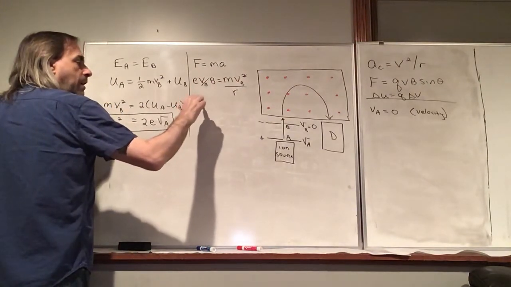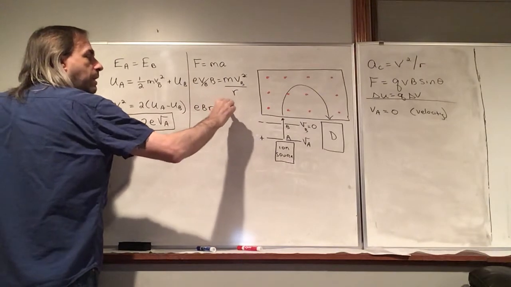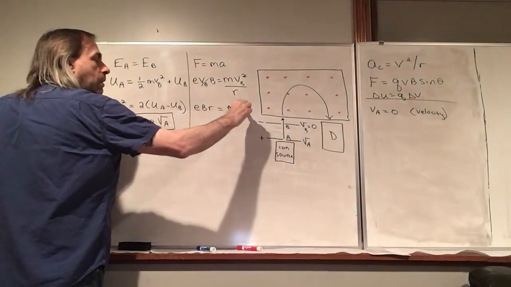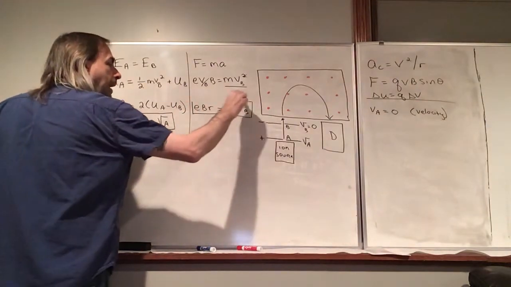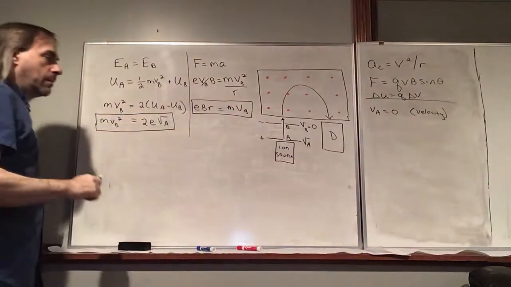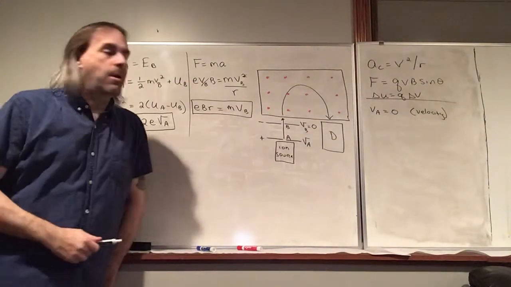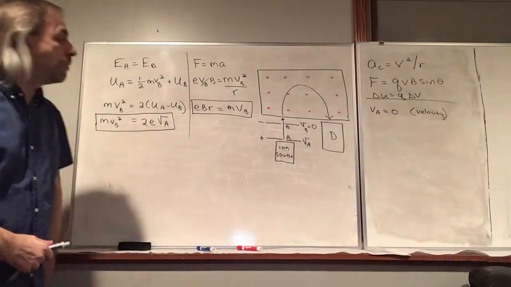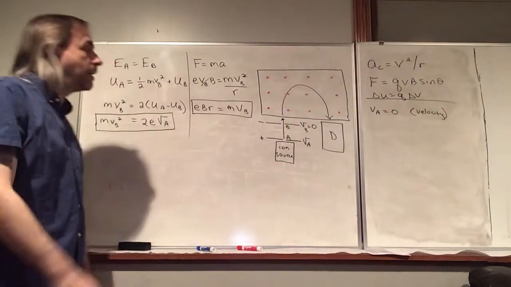So we have eBr equals mVB. And I think we're done with that. Okay. So we've set up our basic equations: one for the accelerating potential and one for when we enter the magnetic field.